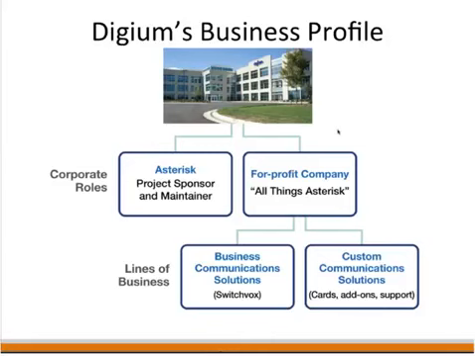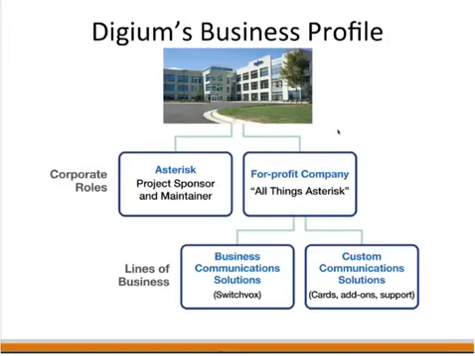If you think about how those two things work together, think about Asterisk as the engine of a car. Asterisk does all the underlying code of a phone system, the basic things that make a phone system go. Whereas Switchvox is the entire car. Not only is it the engine, because it has Asterisk in it, it is all the really cool things that make a car fun to drive and safe.